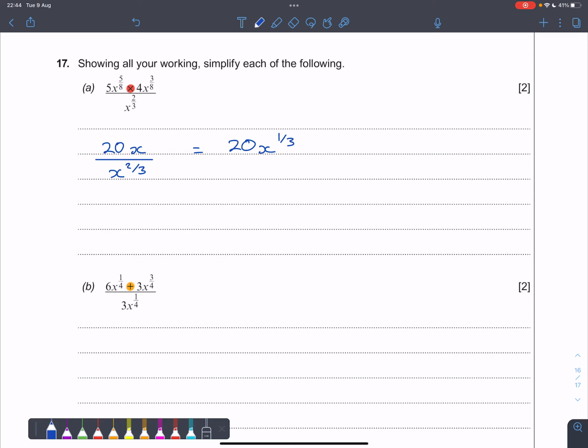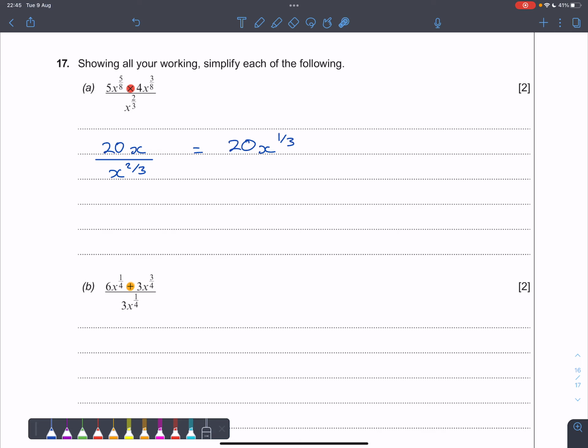The addition one is different, because when you're adding terms that involve letters, we can only add them together if they have the same powers. So you can't add x plus x squared to give me 2x squared. It doesn't work because the powers are different. They're different types of terms. Same thing here.